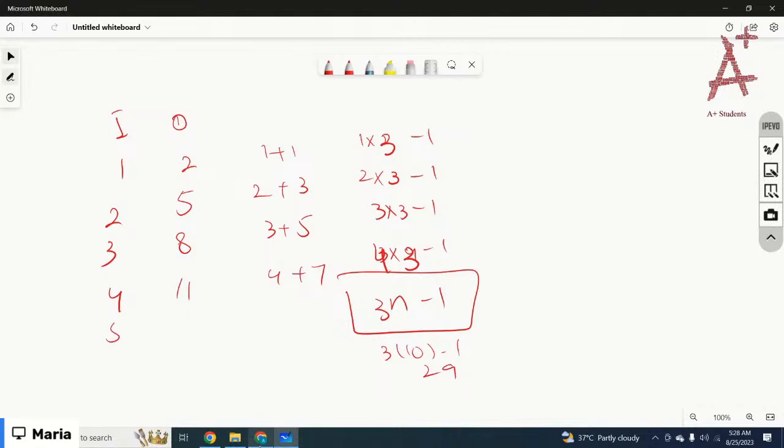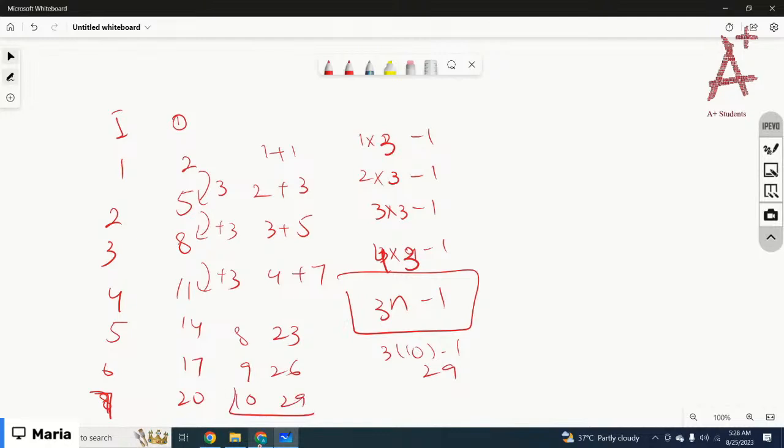You can check from here: 2, 5, 8, 11, plus 3, 14, 17, 20, 23, 26, and you can see the 10th value is 29, right? And you can see what I have calculated from here. That means the pattern rule I calculated, 3n minus 1, is the correct one, right?